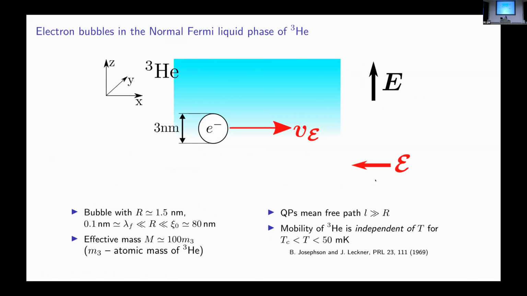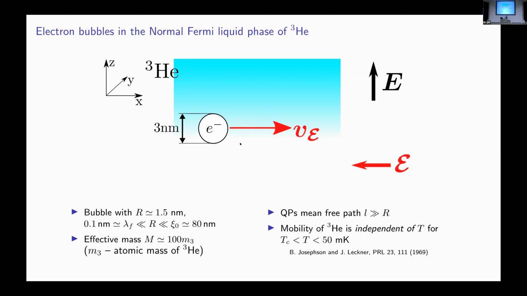One of the beauties of helium-3 is that we have a natural candidate. We can take electrons and press them into the fluid, and they form a self-trapped polaron. The large zero-point energy of the electron combined with Coulomb repulsion forms a bubble of about 1.5 nanometers, and we can study the transport of the electron bubbles in helium-3.